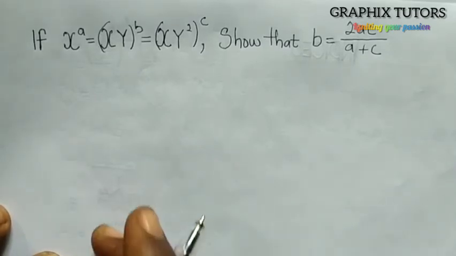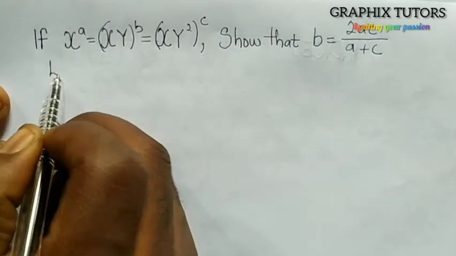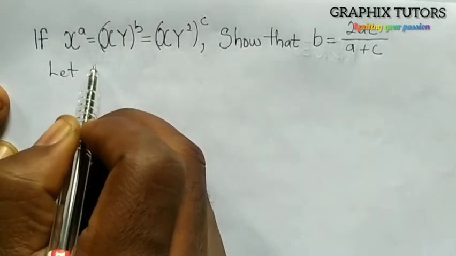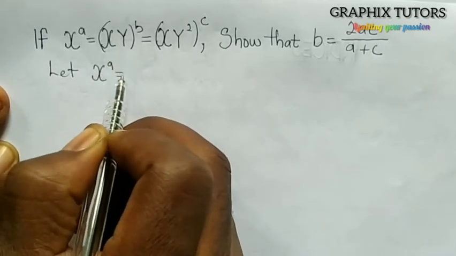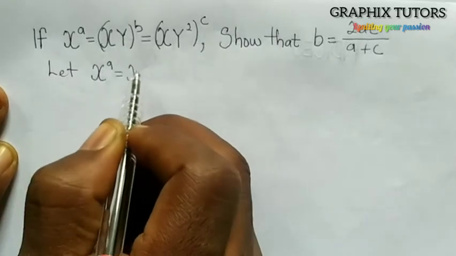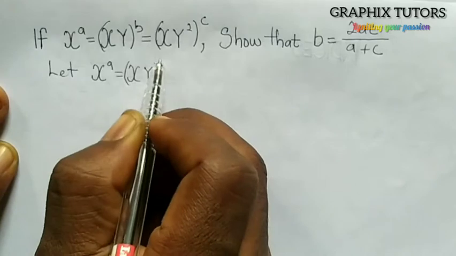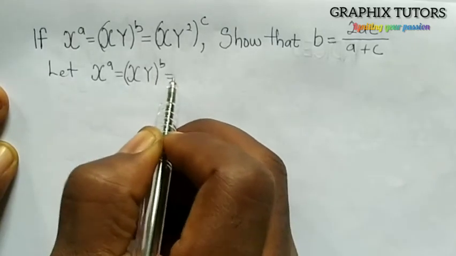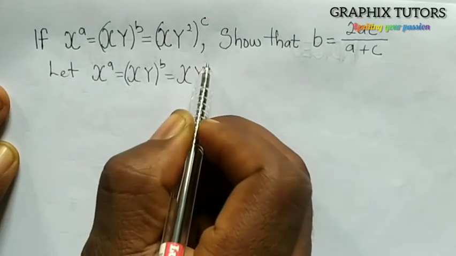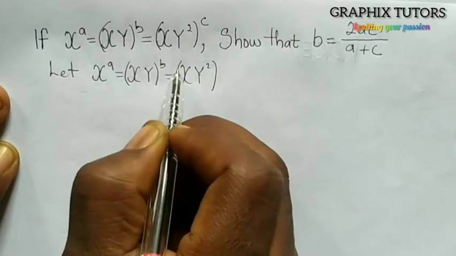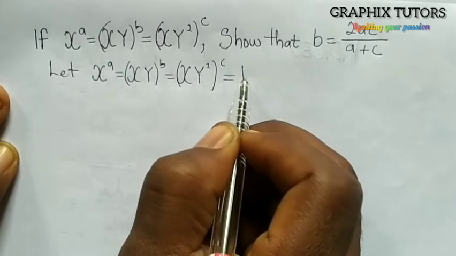So what you have to do, first thing you do, you say let x to the power of a equals to xy to the power of b, equals to xy square all to the power of c, represented to be K. Right?